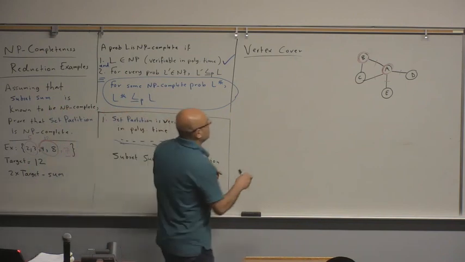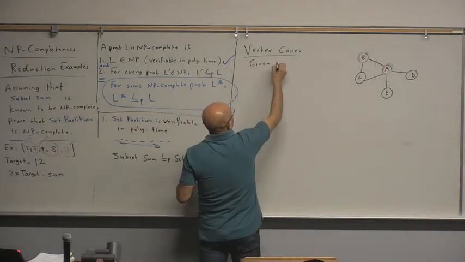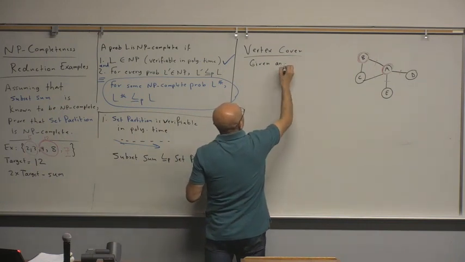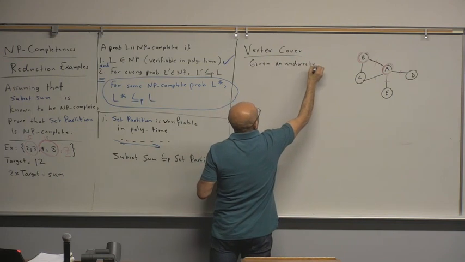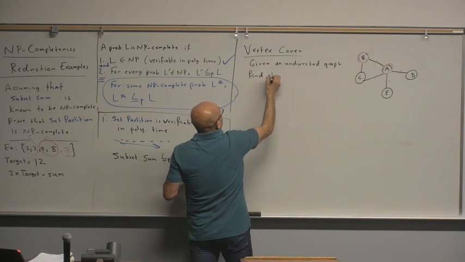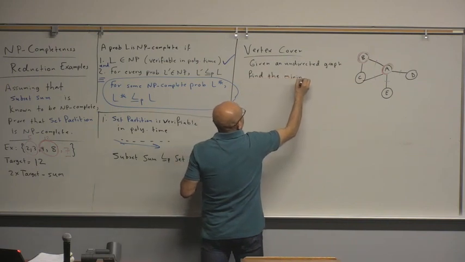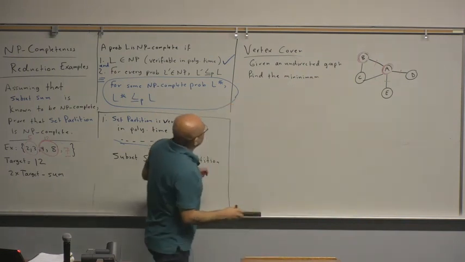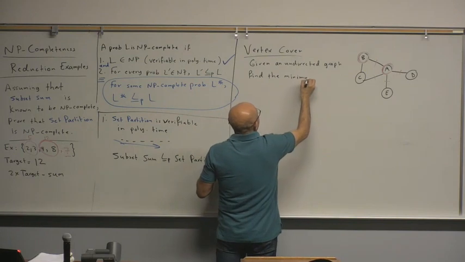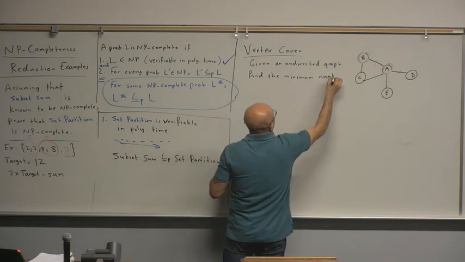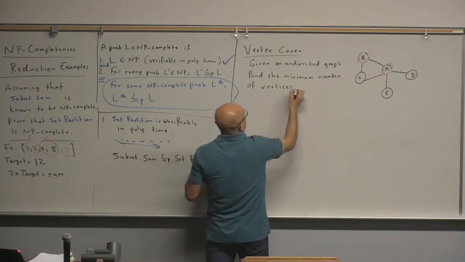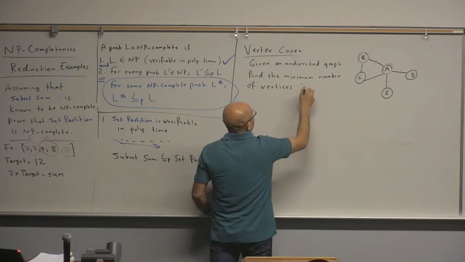So we can easily describe the problem: given an undirected graph, find the minimum number of vertices that cover all edges.